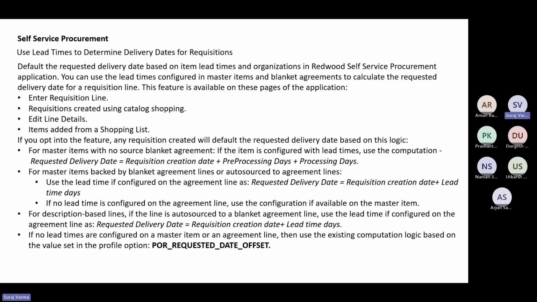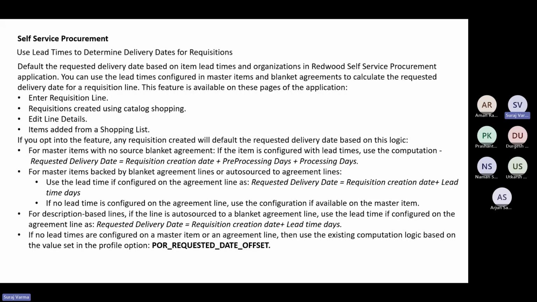Now in self-service procurement, as part of 25C, earlier we used to have that functionality where you put in your requested date offset, and based on that the requested delivery date is triggered as part of the process. Now you can use the lead time also to determine the delivery dates for requisition.